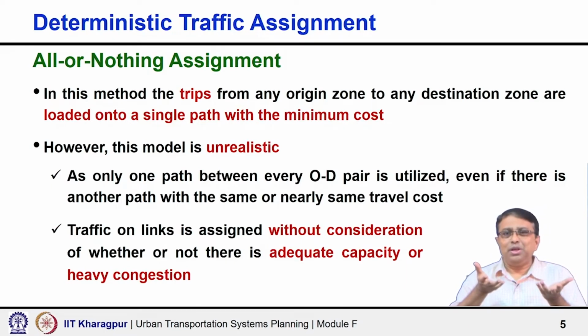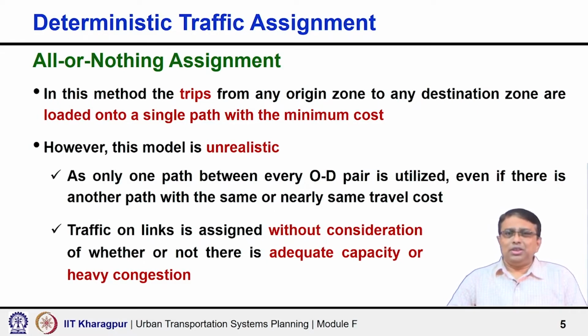That is theoretically possible, if your road link has a very high capacity and the loading you are doing is negligible compared to the capacity of the path. Then the travel time may remain more or less the same, and that path may still be the shortest path.